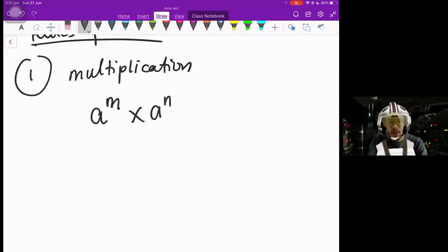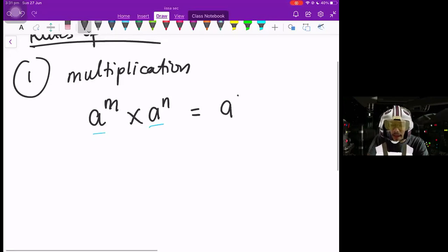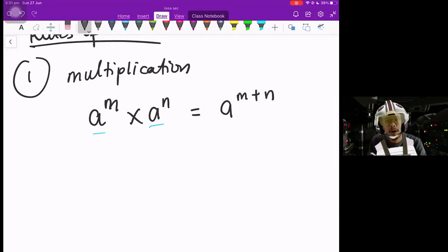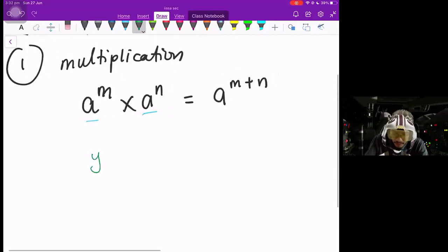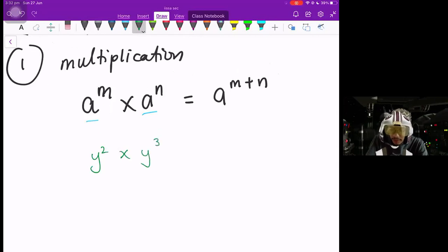What do you do if you have this? If you see the same base, what you need to do is add the indices. Add the powers together. Okay, let's do an example. Let's say we have y squared multiplied by y to the power of 3.